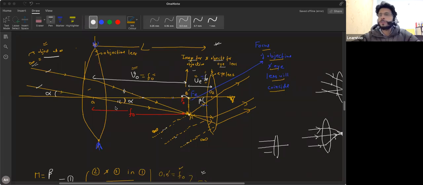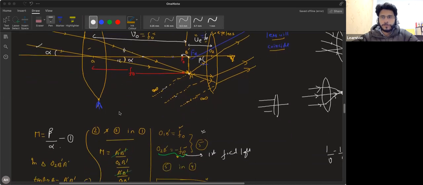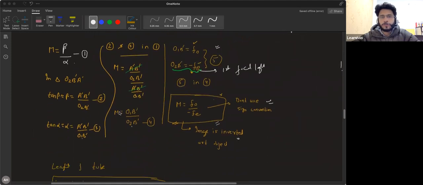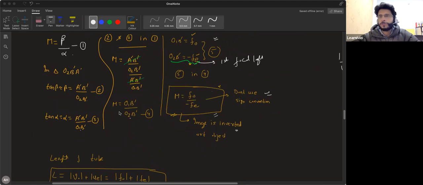Okay, if you want, you can take screenshot of this ray diagram. Then you can take screenshot of this calculation also. That's it. The same derivation, instead of UE, you will just write FE. And that's it.